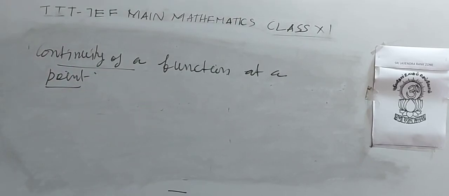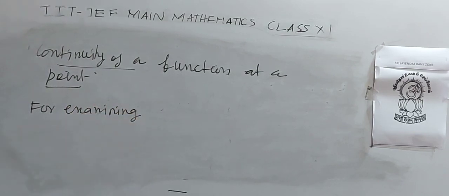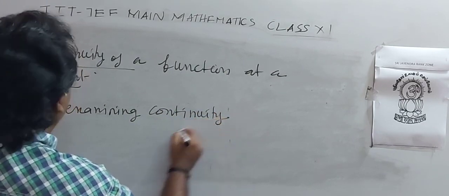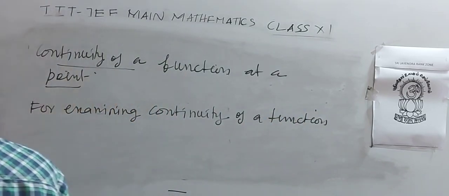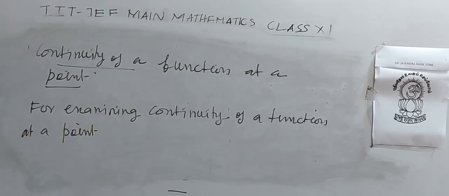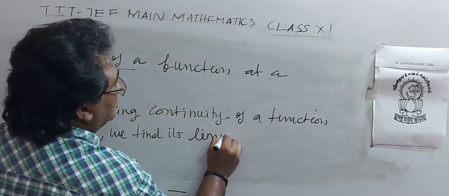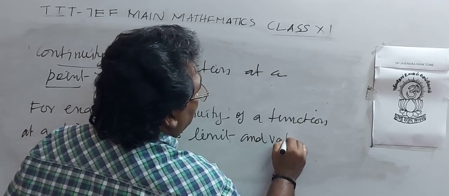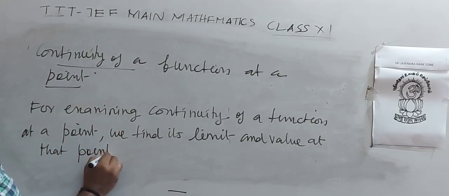Continuity of a function at a point. For examining the continuity of a function at a point, we find its limit and value at that point.